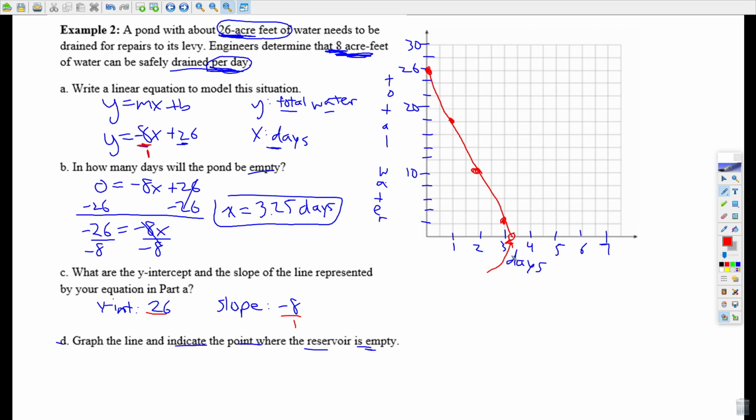It's kind of like halfway between 3 and 3.5. That's what this line would be here. And that's where you get your 3.25. So it should match the equation when we did the actual math and got 3.25. It should match up with the graph. So that's where it's empty.